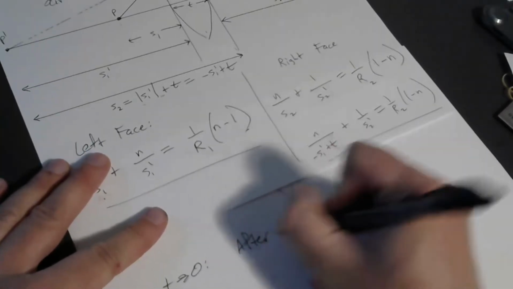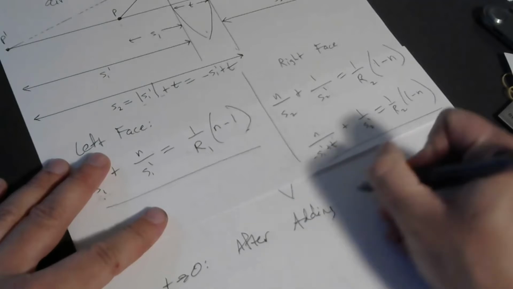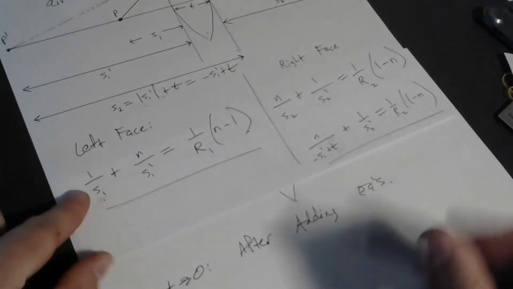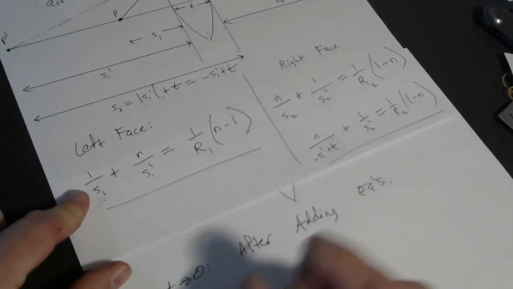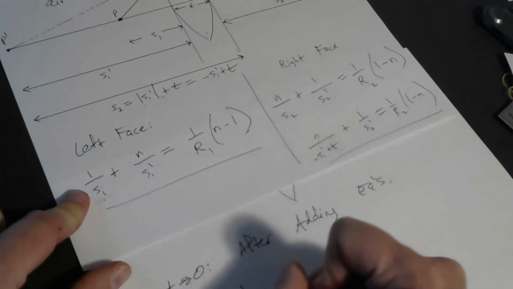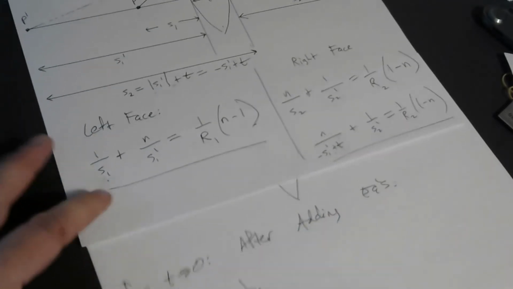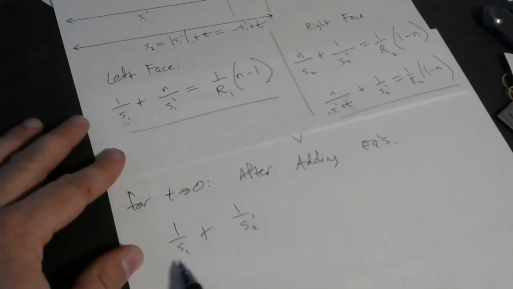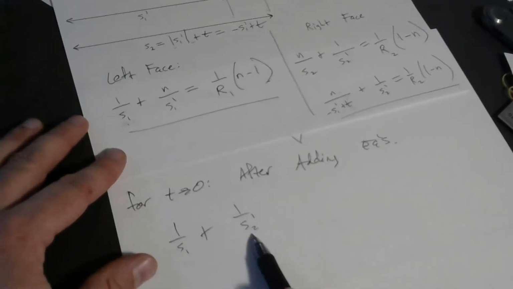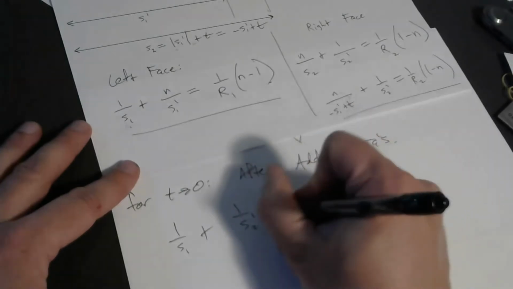So after adding the two equations, what's left? We would have 1 over S1 plus 1 over S2 prime. This is the object distance for the left face of the lens. This is the image distance for the right face of the lens.